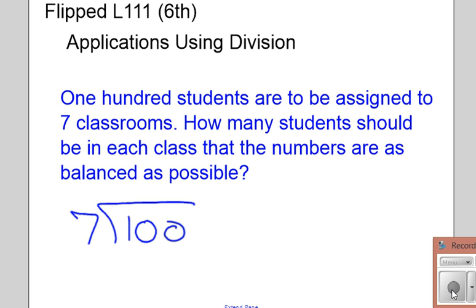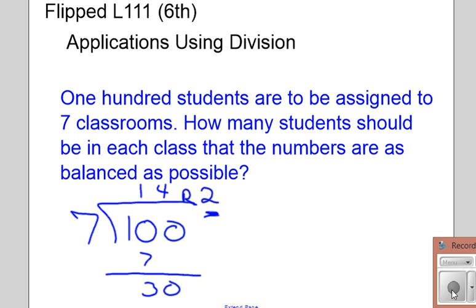So it's 7 going into 100, and we get 14 remainder 2.